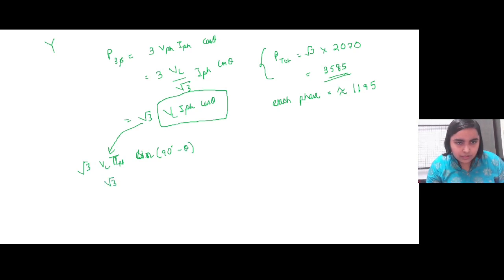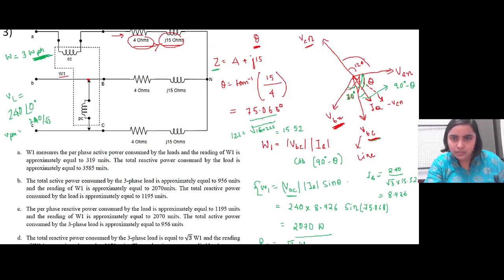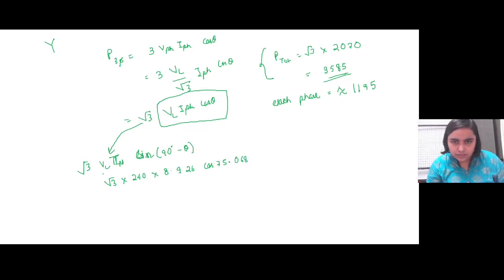So root 3 times 240 into 8.926 into cos of 75.068. If we just calculate this, it comes out to be 956.